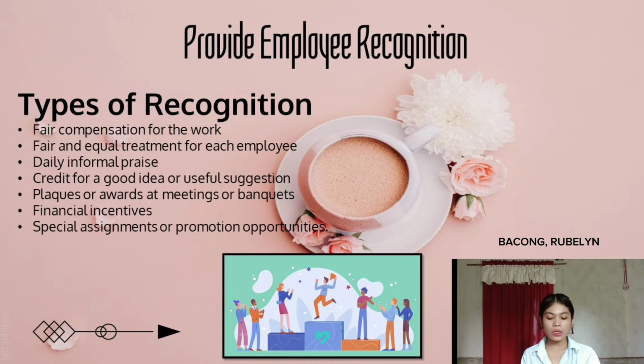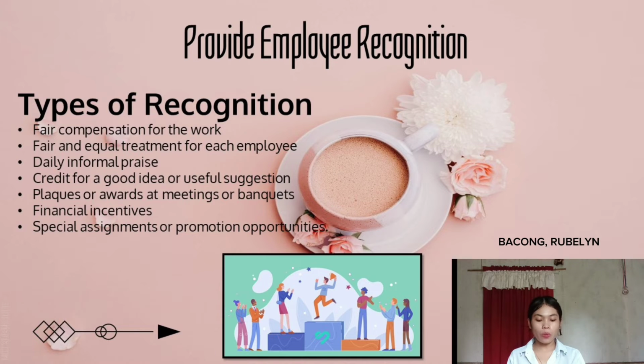The fourth one is credit for a useful or a good idea. This is praising or acknowledging the idea of the subordinate during or after discussion. Fifth is plaques or awards at meetings. Award plaques are the perfect way to say thank you or to recognize outstanding achievements. This is also a formal and most appreciative way of recognition. The sixth one is financial incentives.